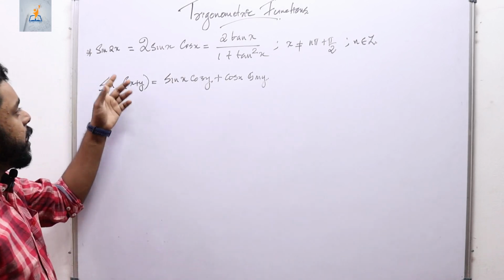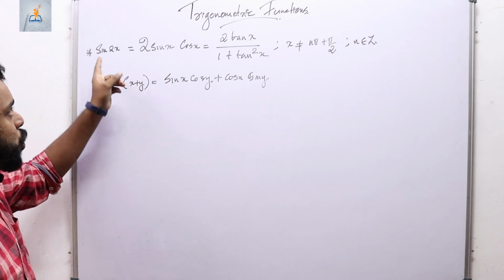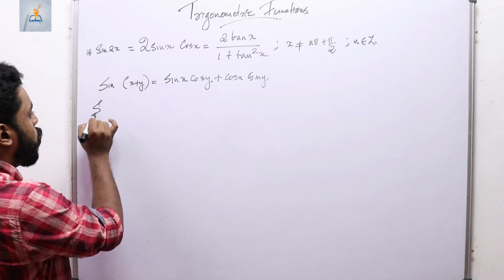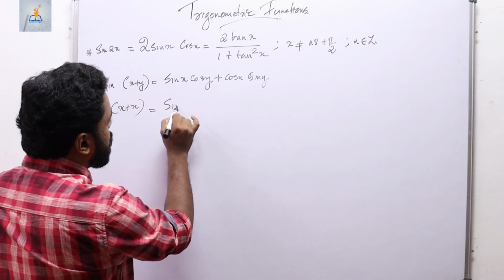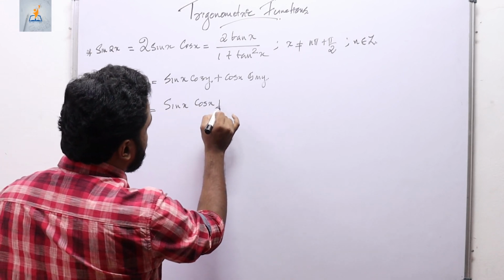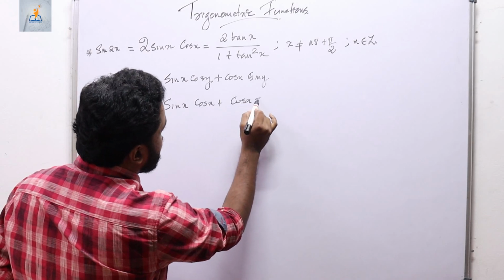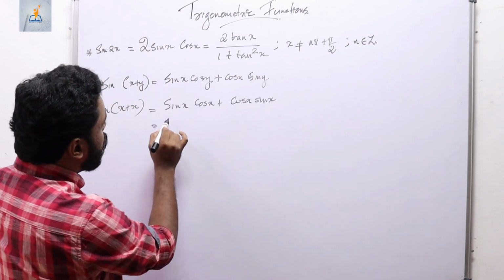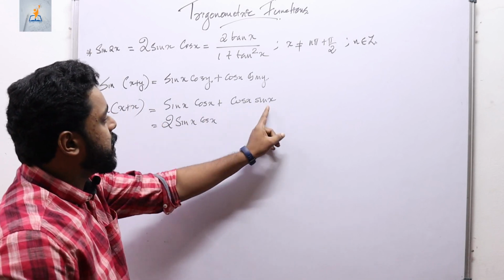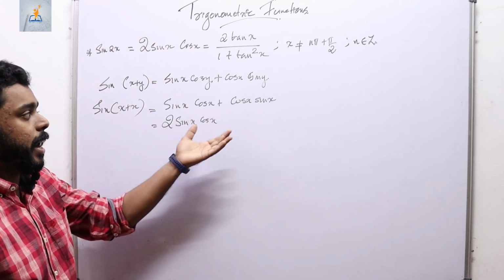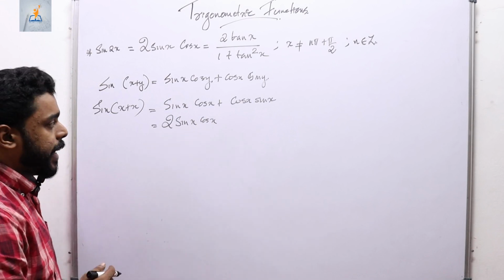Now instead of y, we have to put x to get 2x, isn't it? So sin(x+x), which is sin 2x, is equal to sin x cos x plus cos x sin x, isn't it? It is equal to 2 sin x cos x, because both of these products are the same, so we can add them together to get 2 sin x cos x.